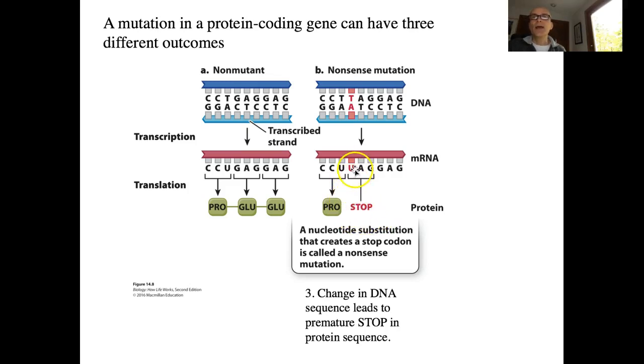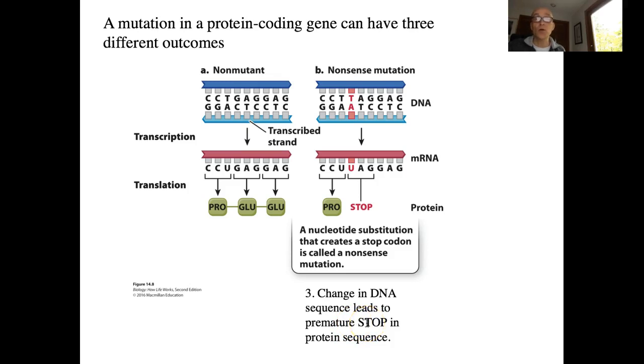So if you have a mutation that changes a codon that is coding for an amino acid to a codon that codes for stop, the stop codon, then you get a premature stop in the protein, and that is a truncated protein, a much smaller protein, depending on where that mutation occurs.